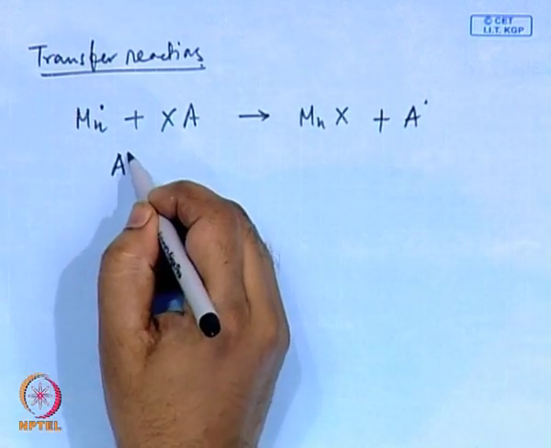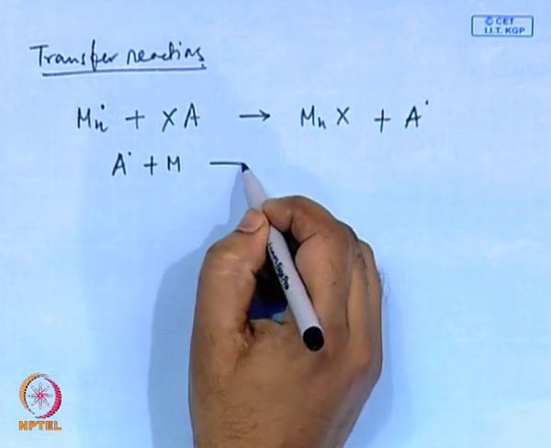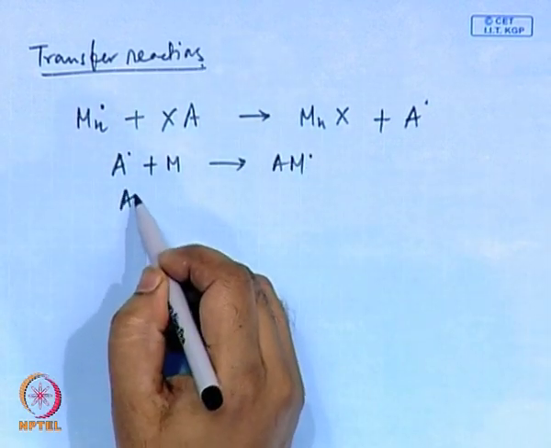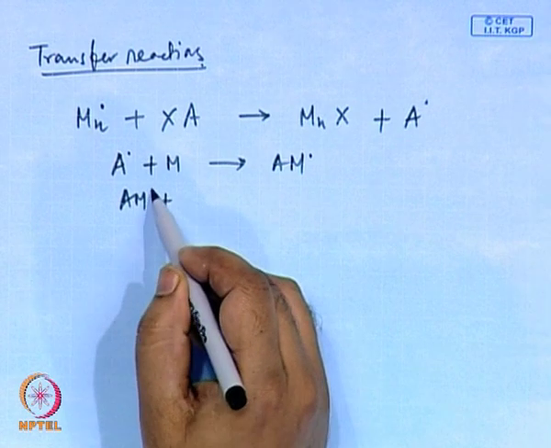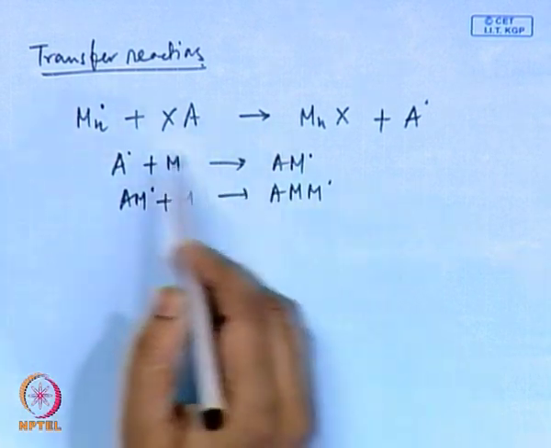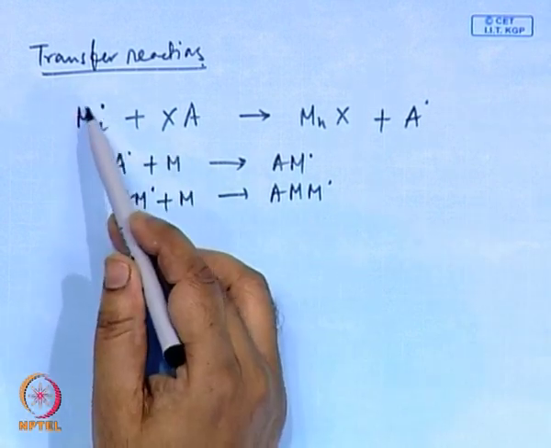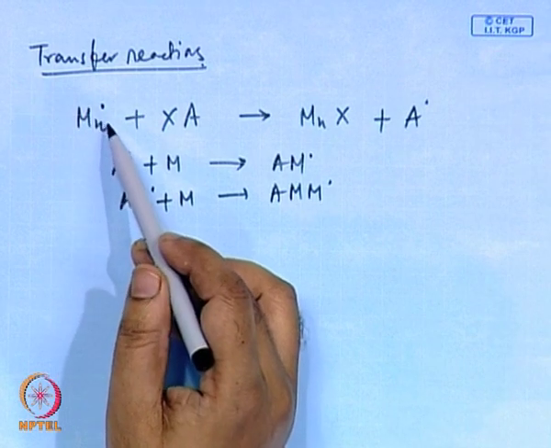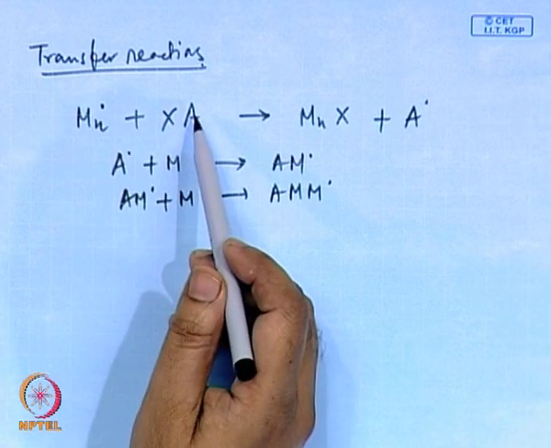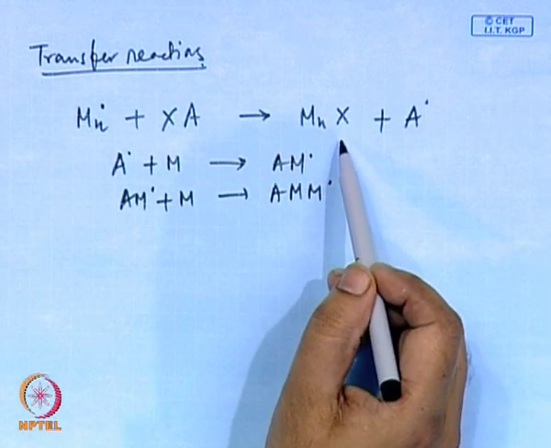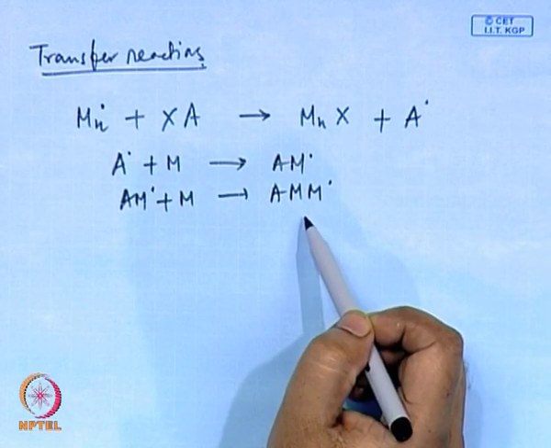Now, this new radical can initiate another chain. So, from one radical we had one kinetic chain before. In this case, from one radical we have one dead polymer plus another kinetic chain.